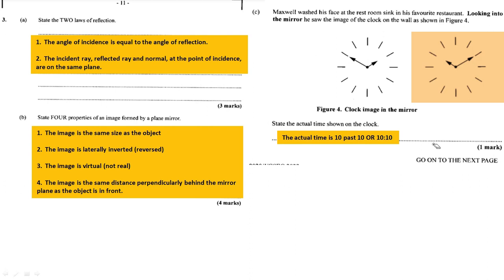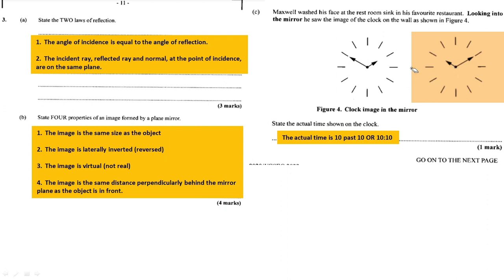Okay? Then it says here, Maxwell washed his face at the restroom sink in his favorite restaurant. Looking into the mirror, he saw the image of the clock on the wall as shown in figure 4. So this is figure 4 right here. And what I did is I just rotated the drawing 180 degrees so you could determine what the time really is.